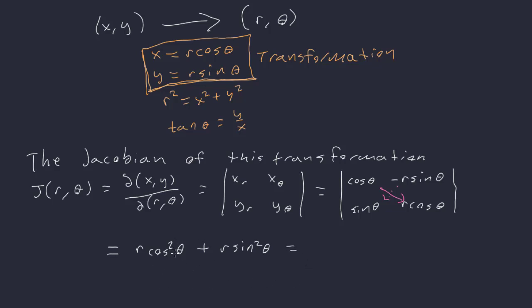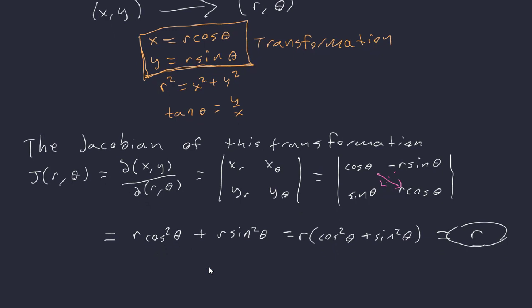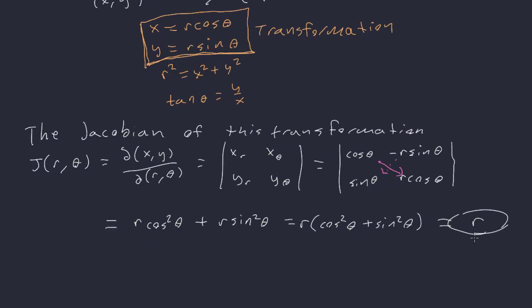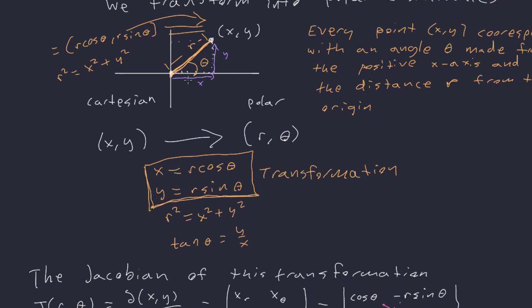Well, cosine squared plus sine squared is 1, so if we factor out the r, we're going to get r times cosine squared plus sine squared, which is 1, so the Jacobian comes out to just be r. And we don't need to introduce the absolute value because r is always positive.